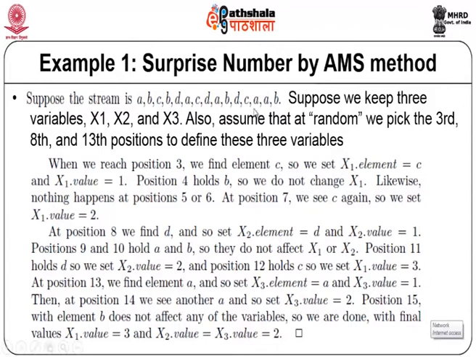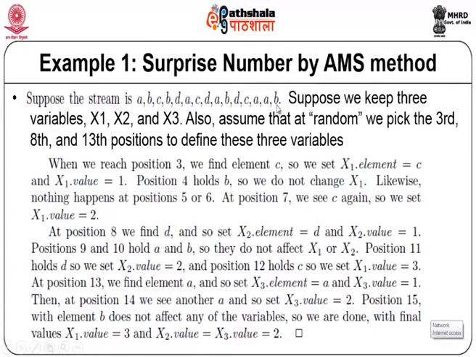At position 13 we encounter a and at position 14 we encounter a. Therefore, we can set the x3 element as a and the x3 value as 1 at position 13. Next, at position 14 you encounter once again the value a, therefore the x3 value will be incremented to 2.